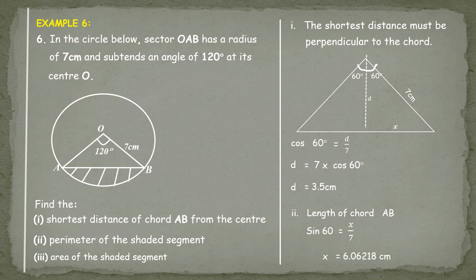So sine theta is opposite over hypotenuse. Our opposite is x, our hypotenuse is 7, and that gives us that value, 6.062118, times 2 to give us the length of the chord.